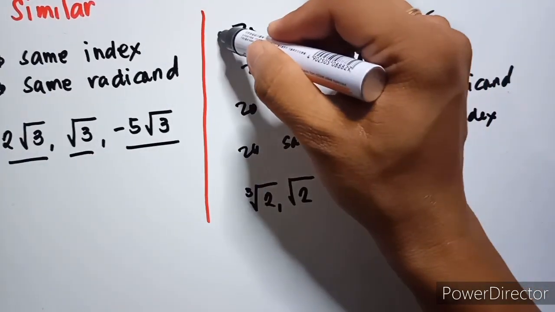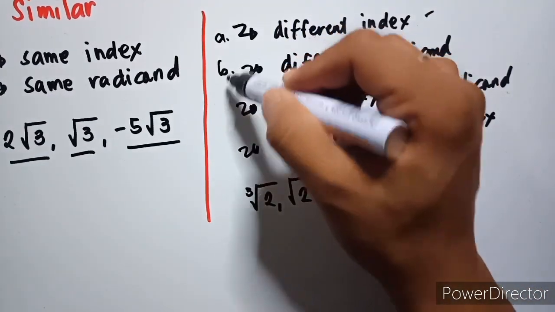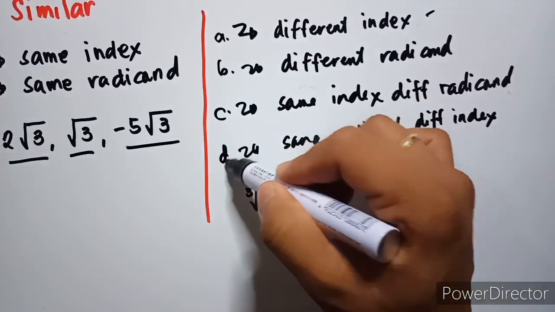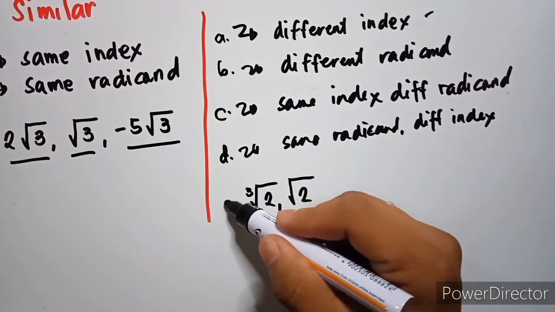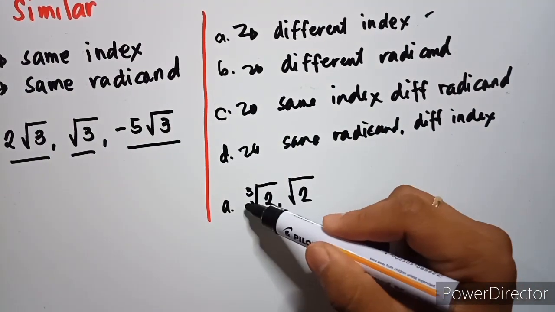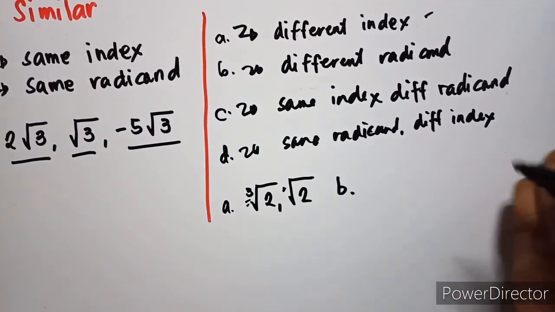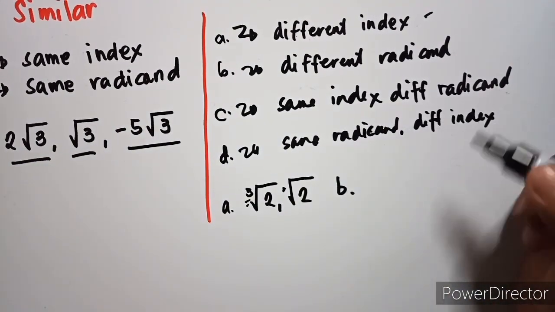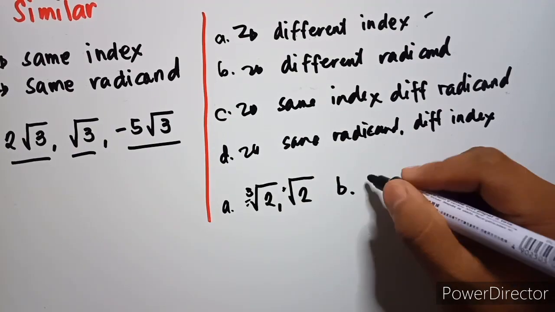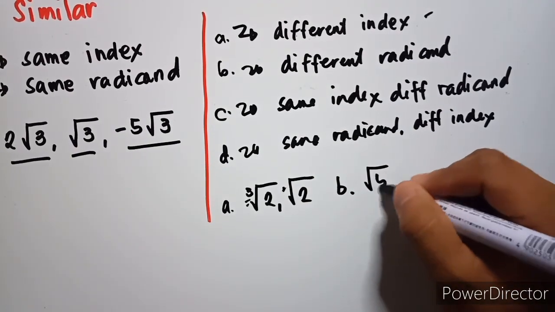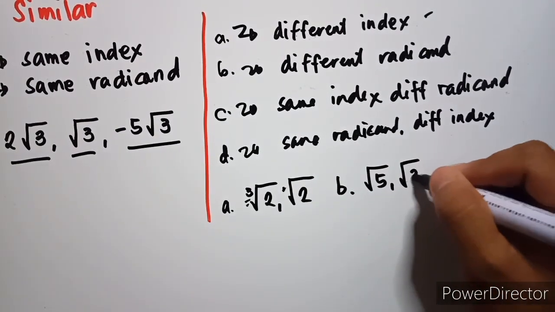So, let's name these A, B, C, D. Example for A, different index: we have 3, we have 2. Then letter B, different radicand: square root of 5, square root of 3.